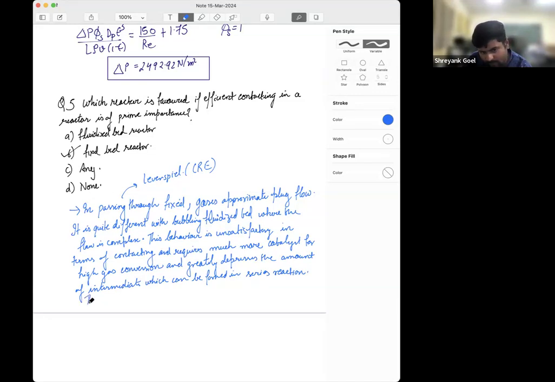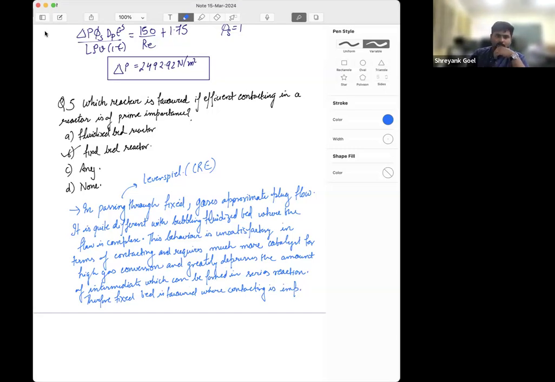Therefore, fixed bed is favored where contacting is important.